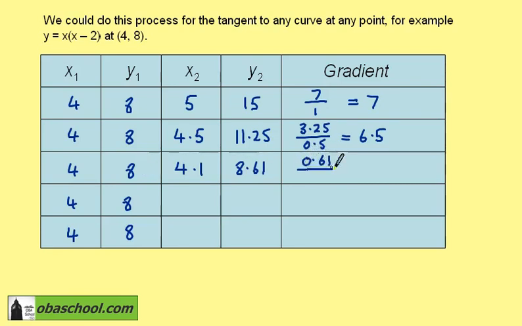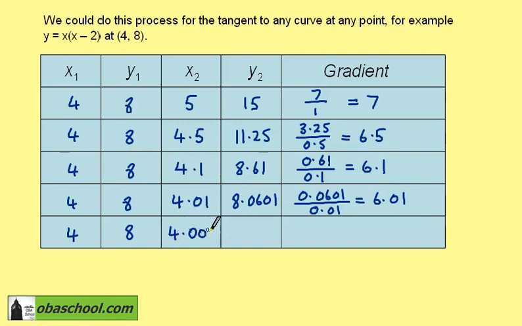Our gradient then is 0.61 divided by 0.1, which is 6.1. If we went for 4.01, 4.01 times 2.01 is 8.0601. Our gradient then is 0.0601 divided by 0.01, which is 6.01.